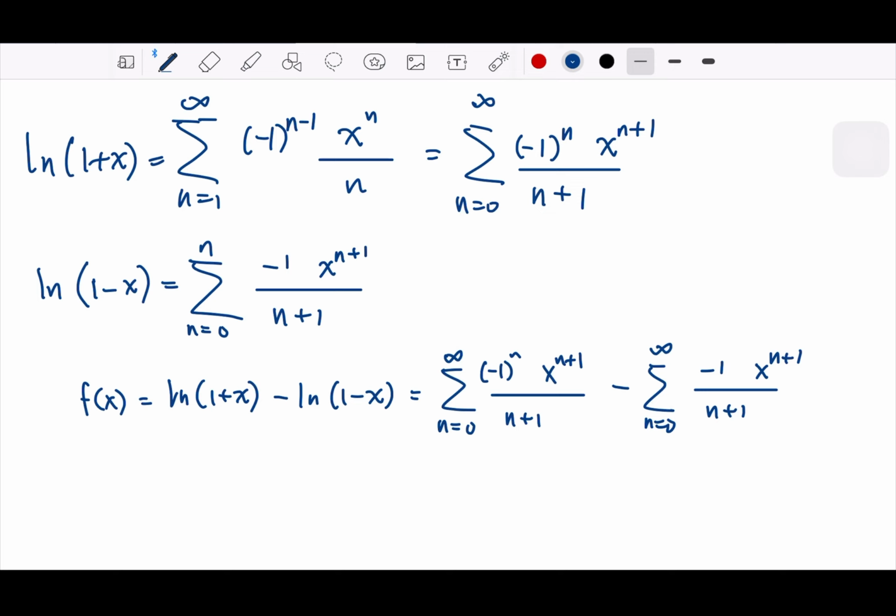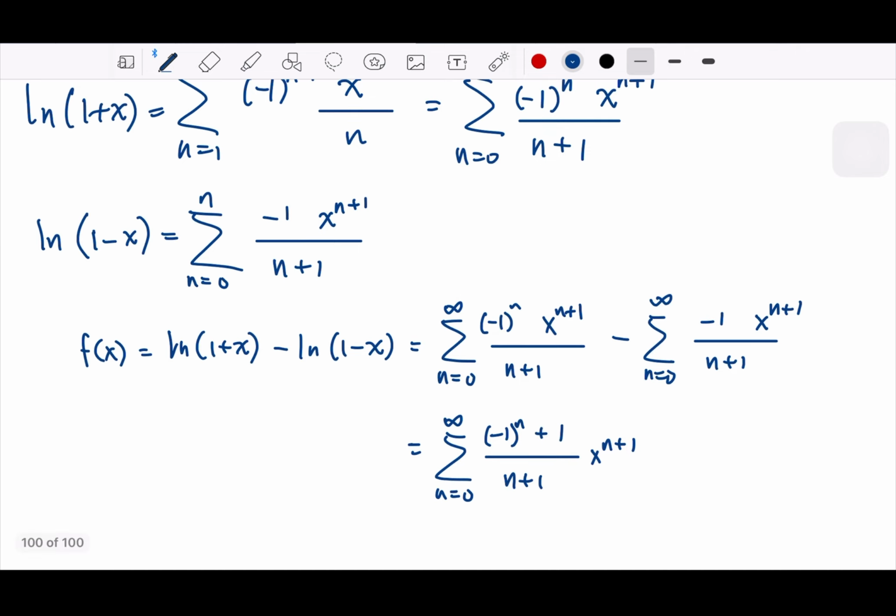Since it's negative, it becomes plus. Right, it becomes plus. So we will have, and then you can check from 0, 1, 2.